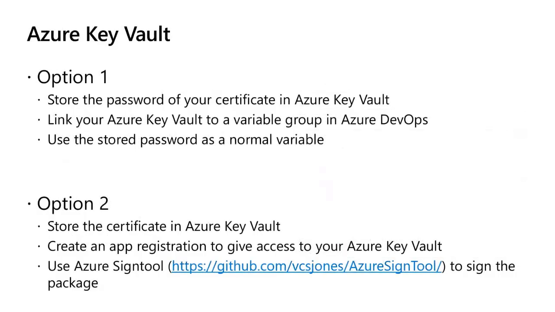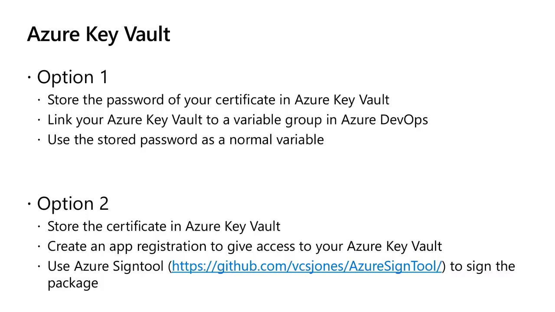If you want to have better security, you can also use Azure Key Vault. Azure Key Vault is the service provided by Azure to store in a safe way passwords, secrets, and certificates. You have two options. The first one is that Azure DevOps is able to connect variable groups to Azure Key Vault.